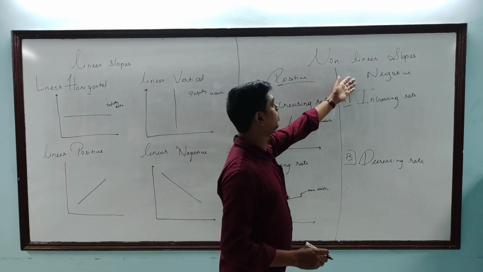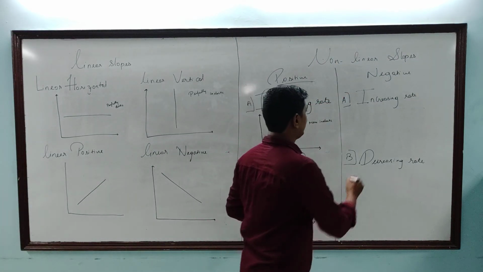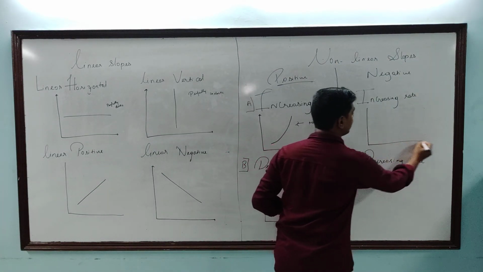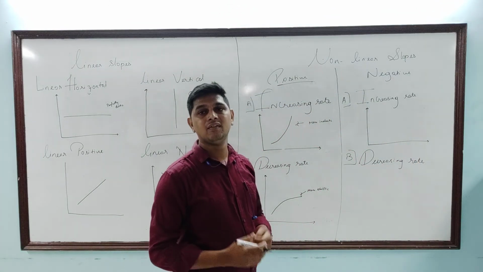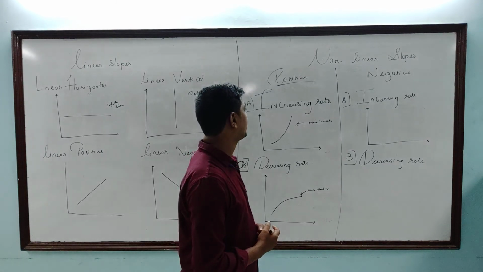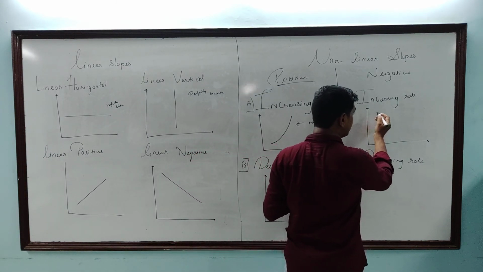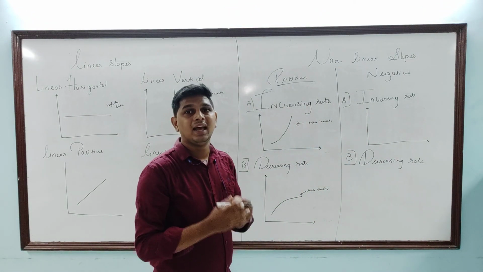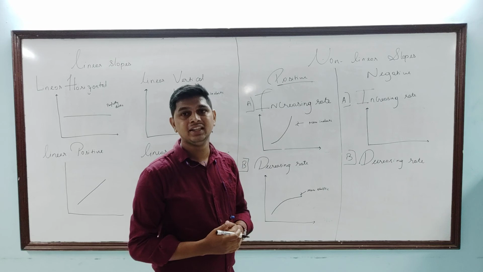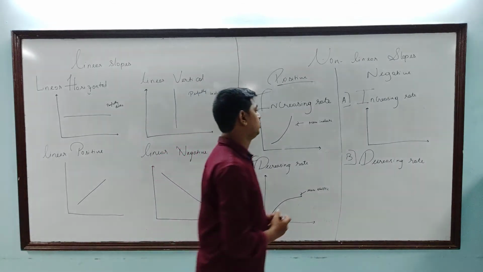Also, we have a negative non-linear slope. If we have x and y axis, we have a negative slope. That means it tends to slope downward, and it is at an increasing rate if the proportion of x to y variable is greater than 1.